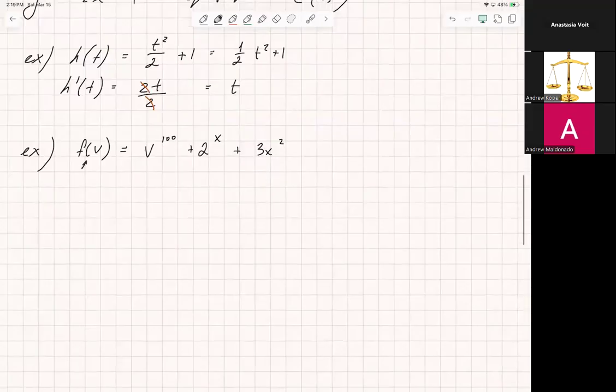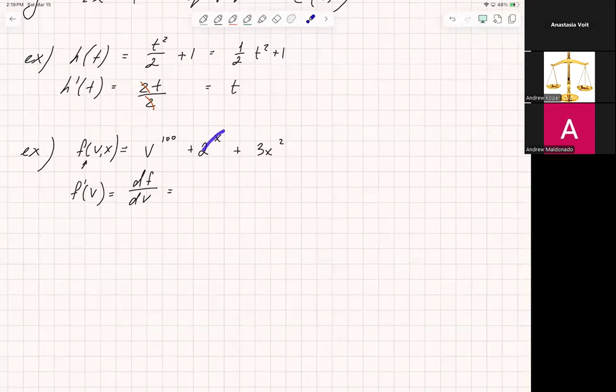But this is the function f of v. In this case, we want to find f prime of v, okay? So technically we need to write it like this. Oh, sorry, like this, right? But I want to find the derivative with respect to v. Or if you want, I can write it as df dv, like that. Okay, that means that I'm looking for the derivative with respect to v.